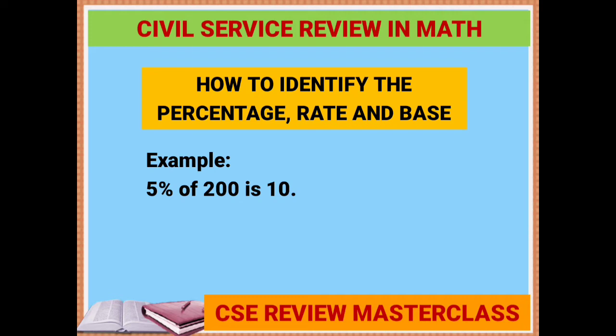So rate here is 5% and the total number attached with the word of is 200. So base is 200 here. Once again, rate is 5%, 200 is the base, and percentage is equal to 10.